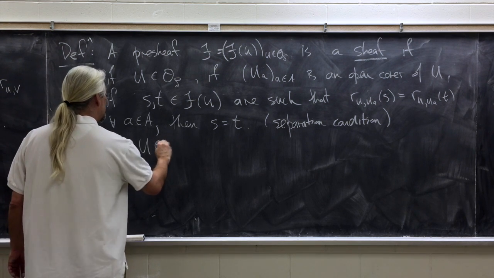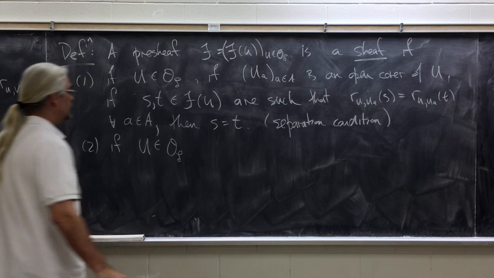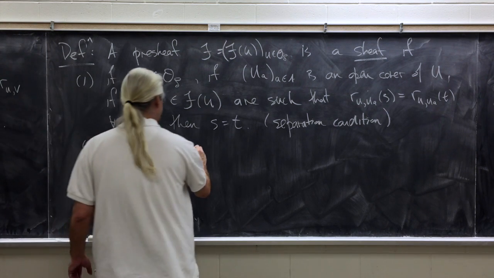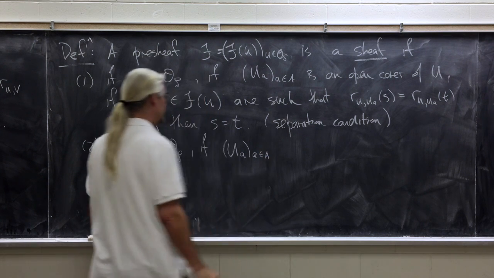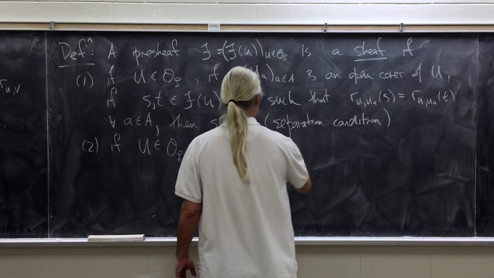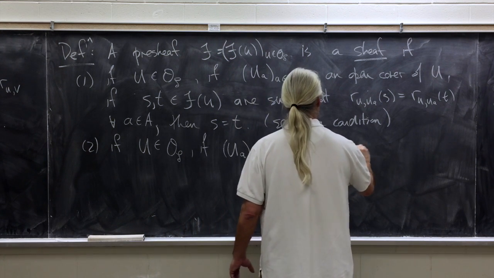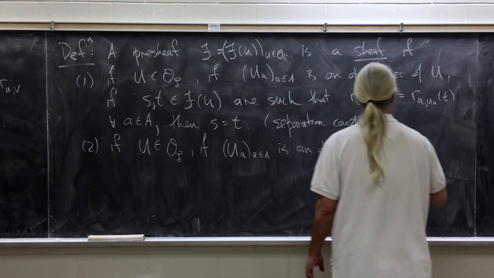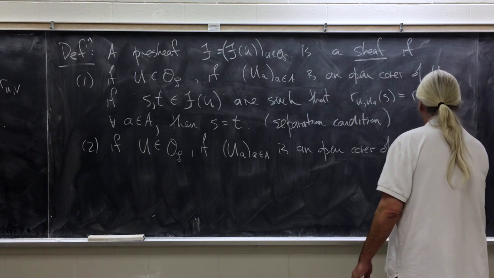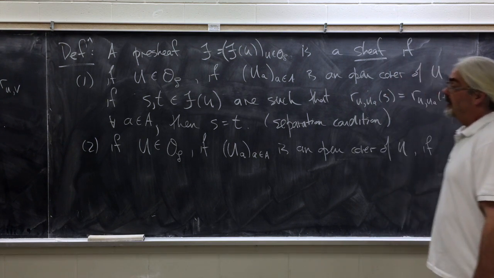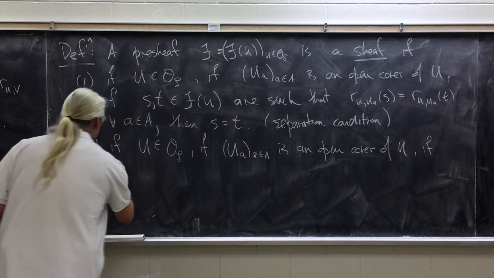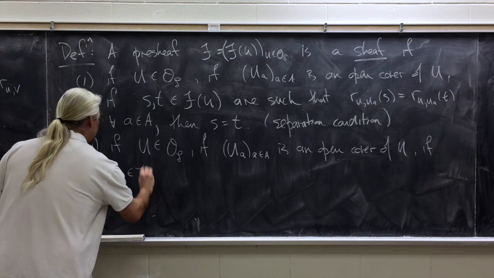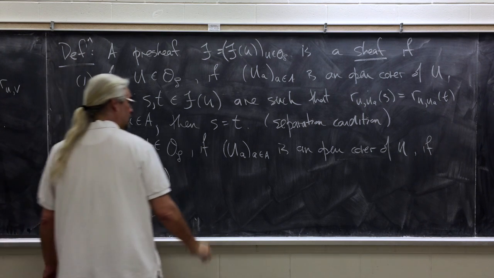If you take an open set U, an open cover U_A, and you take local sections defined over all of the components of the open cover. So I have an S_A in F of U_A.